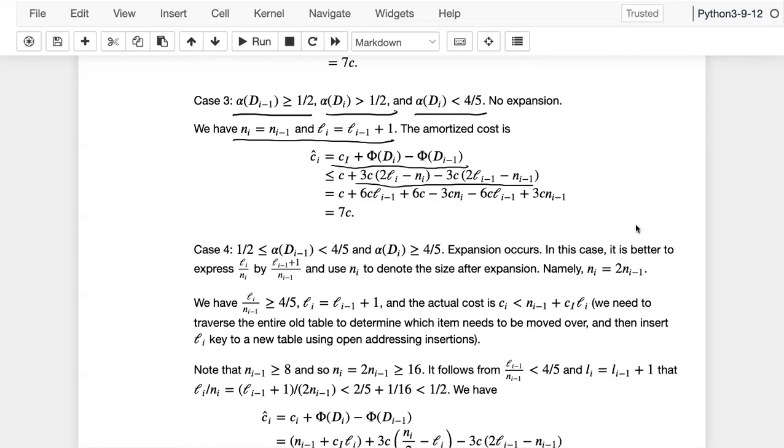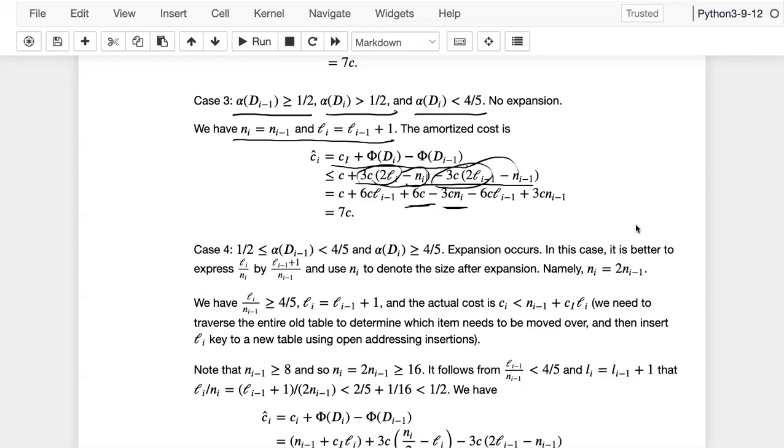So this is 6c L sub I minus 1, and then plus 6c, okay, and then minus 3c N sub I, and then this is minus 3 times, so 3 times 2 is 6, so minus 6c L sub I minus 1, and then this going in, so this is 3c N sub I minus 1.